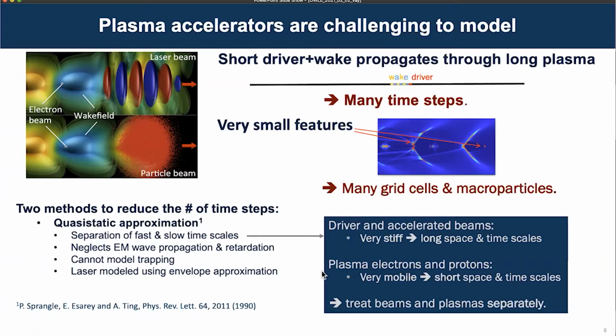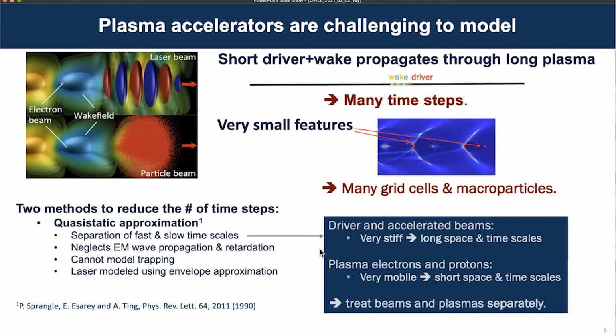On the other hand, the plasma electrons, and to some extent the protons, are very mobile and respond to very short space and time scales, and you push them separately. So you treat the beams and plasma separately.